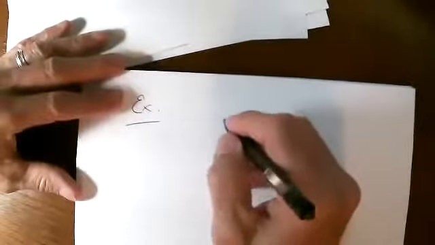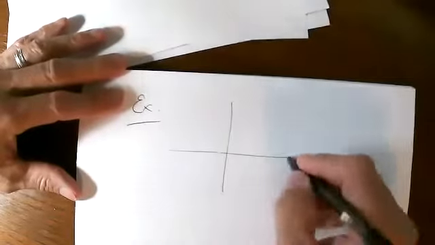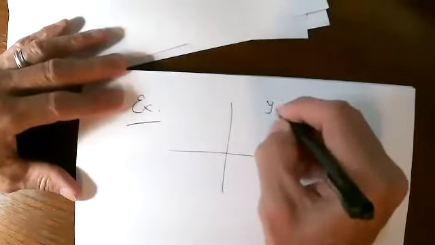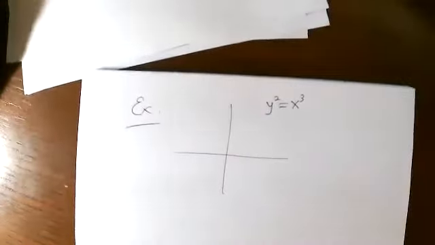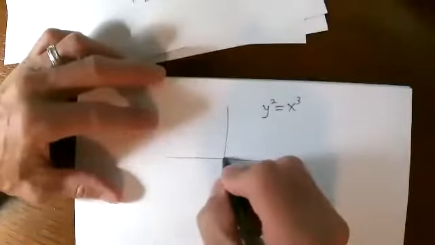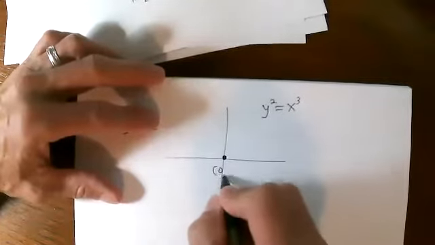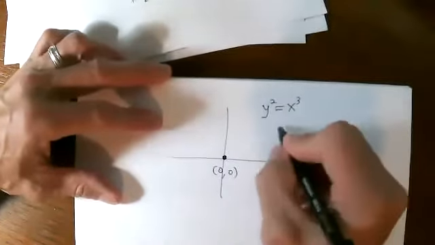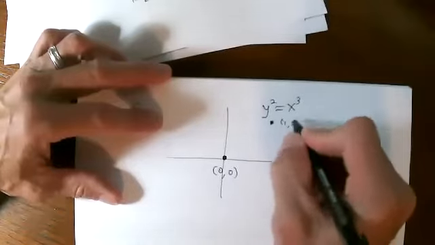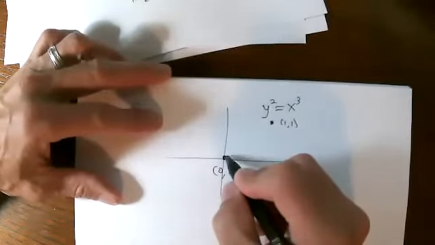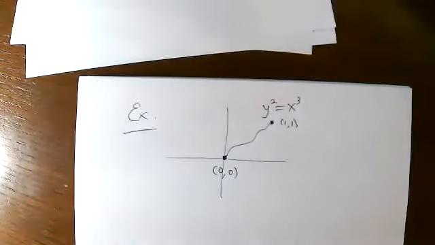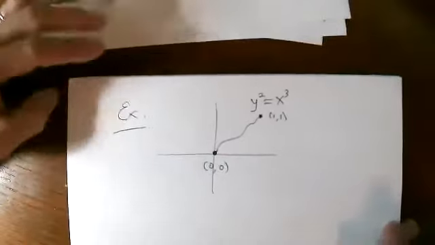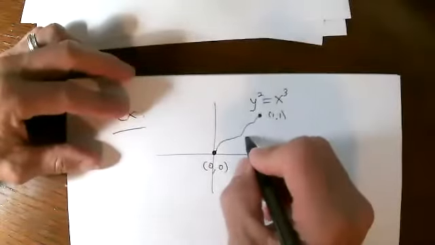I would like to look at the curve of points that have y squared equals x cubed. That includes 2 points that I know of. One is here at the origin and the other is here at the point (1, 1). But somehow this curve makes its way from one of those points to the other one. I don't quite know what the picture is just yet, and I'd like to figure out the length of this curve.